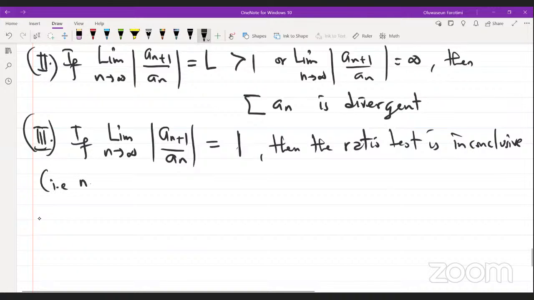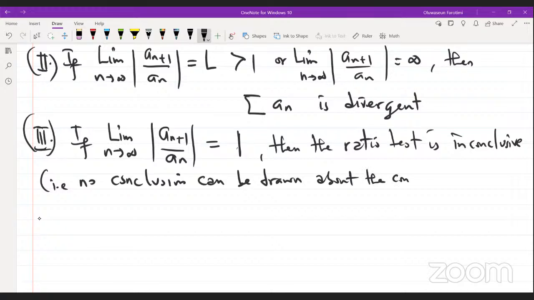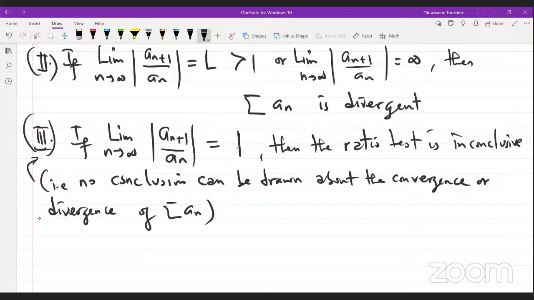Okay, so that is no conclusion can be drawn about the convergence or the divergence of this guy.